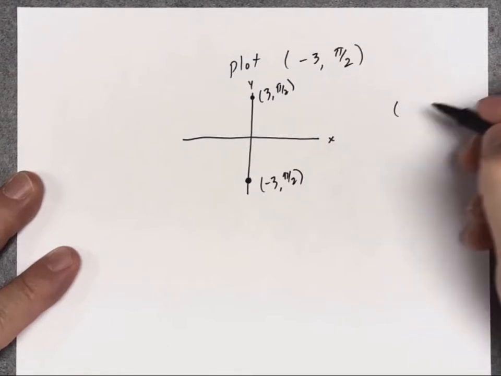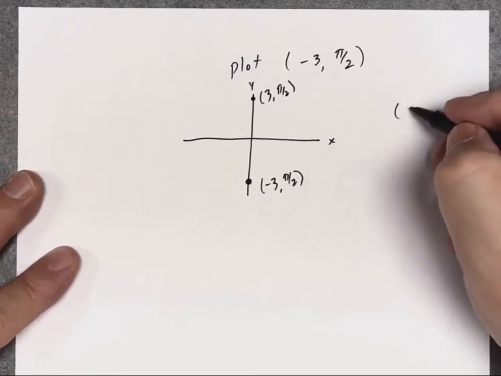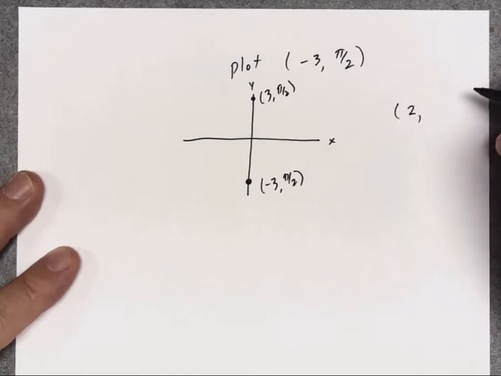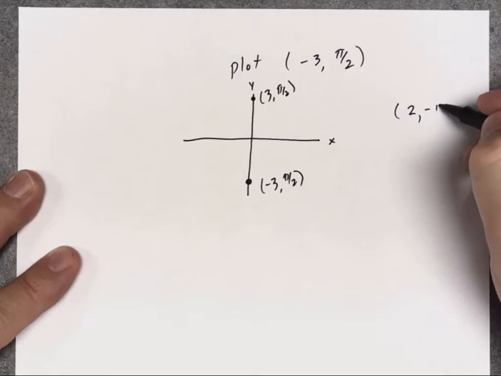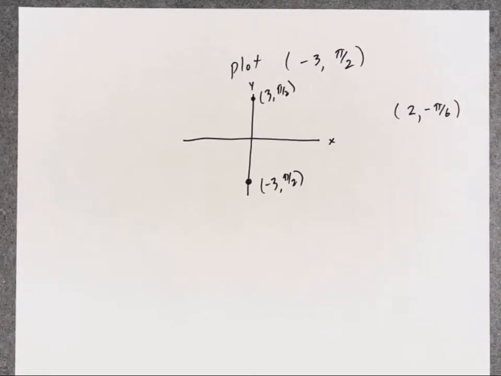How about, let's try and plot the point (2, -pi over 6). Okay, so if you start with our angle, this isn't too hard because previously we sometimes had negative angles, and negative angles just means you go in a clockwise direction.